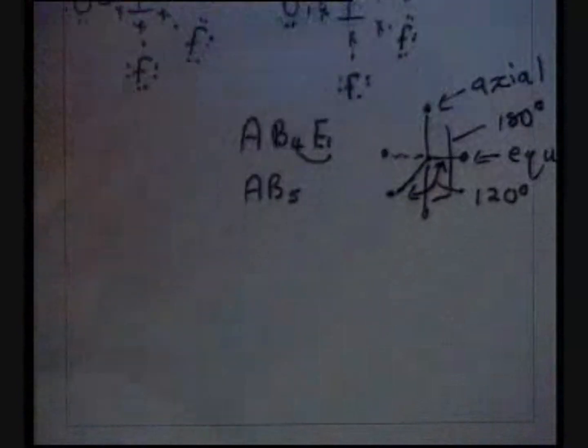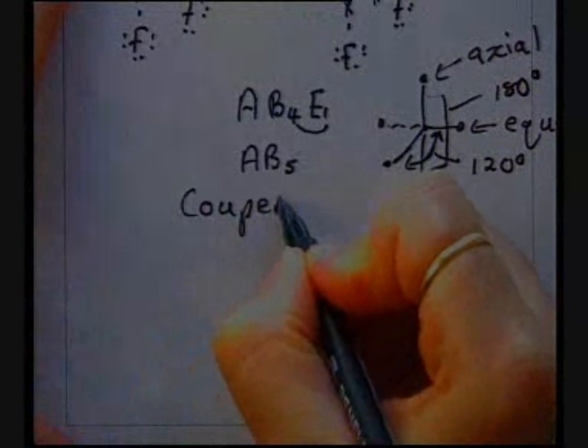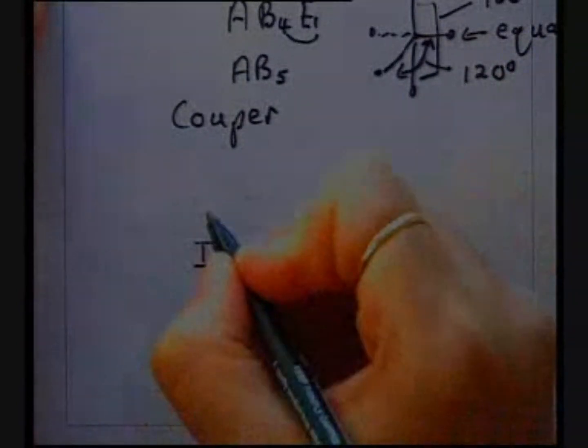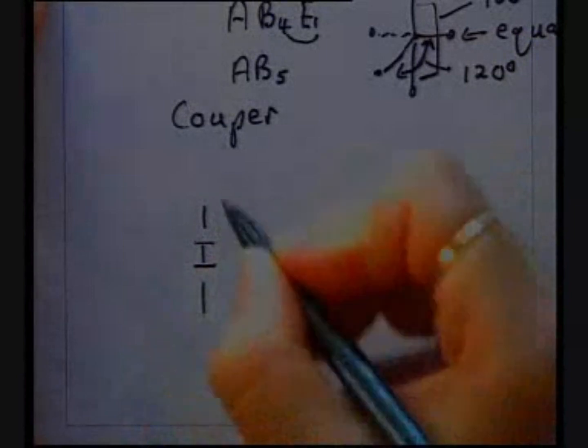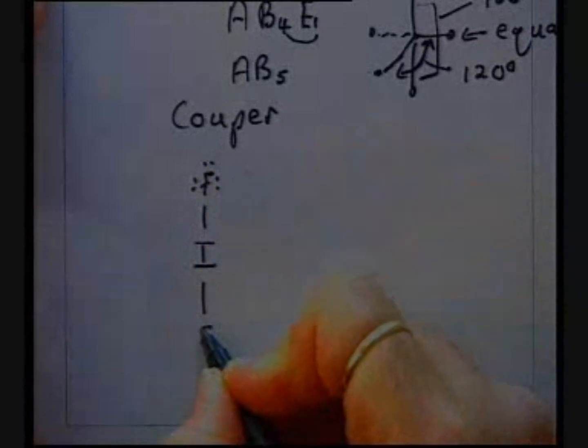We make use of Cooper or Cowper structures to draw the molecular geometry. The central atom is iodine. More electronegative atoms will be placed in the axial positions.